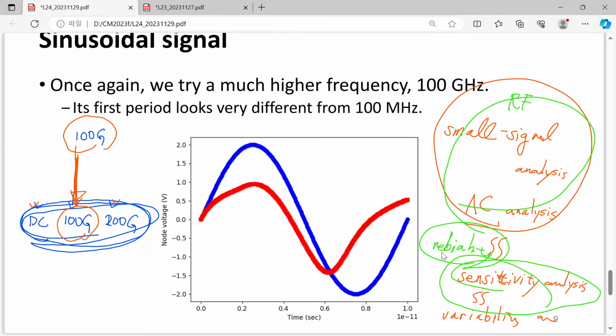So all of these analysis methods are closely related to a single method. What is the single method? The method to calculate the response of your system under a small perturbation. So in the next lecture, we will start to discuss the perturbation.